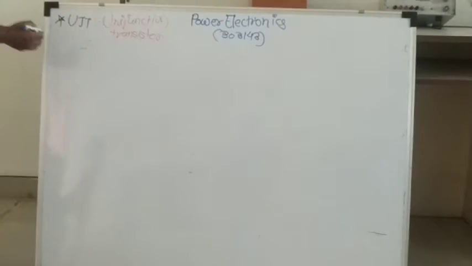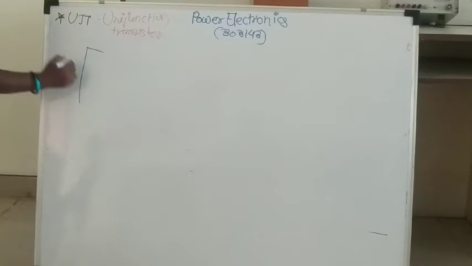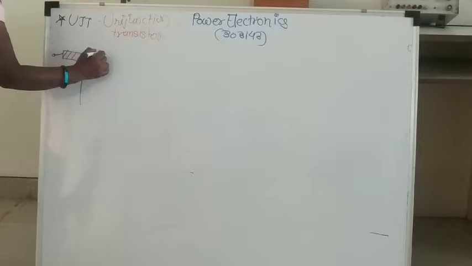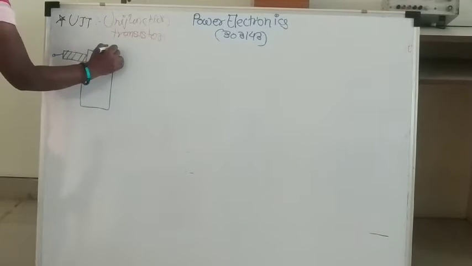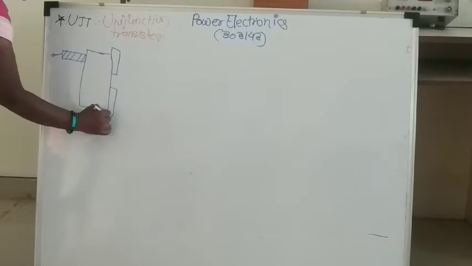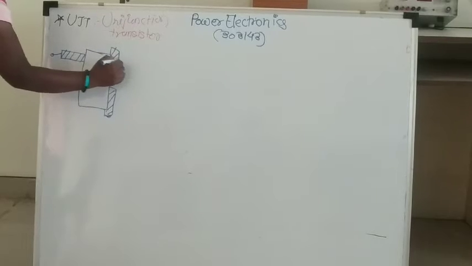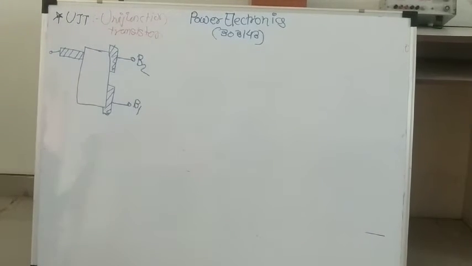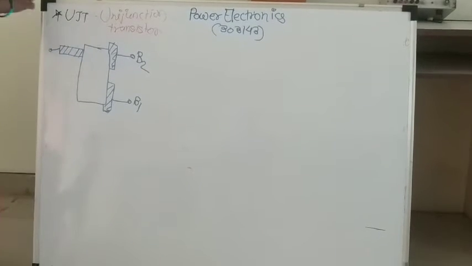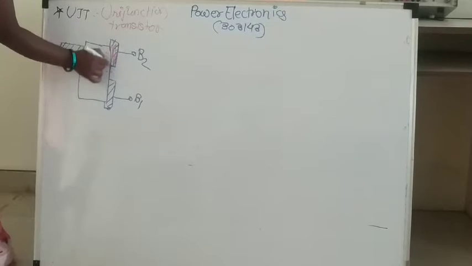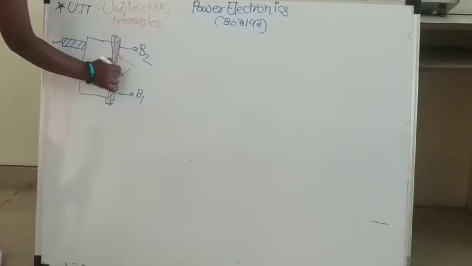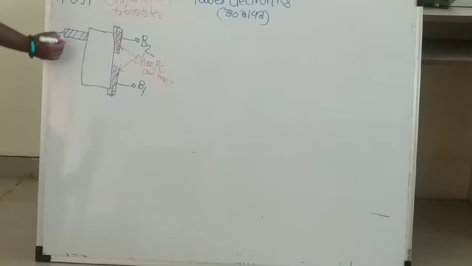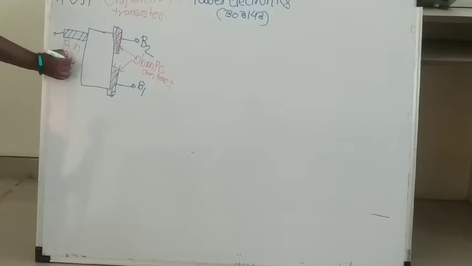Say that it is a construction diagram. Base 2, here base 1, these two are ohmic contacts, then this is called as a PN junction.